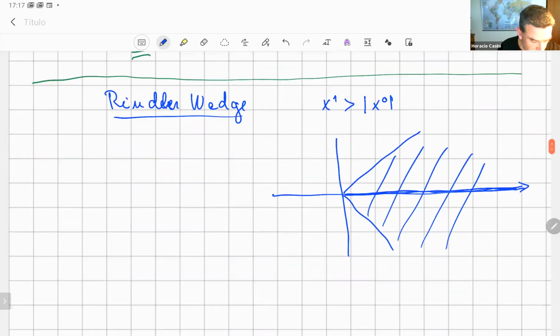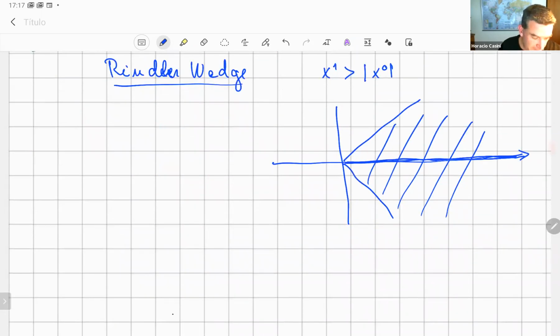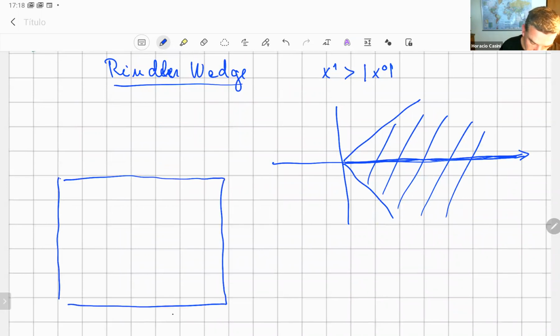So when we do the replica trick, or we do the path integral formulation in Euclidean time of the density matrix corresponding to half a space, what we get is a cut going to infinity without two boundaries.